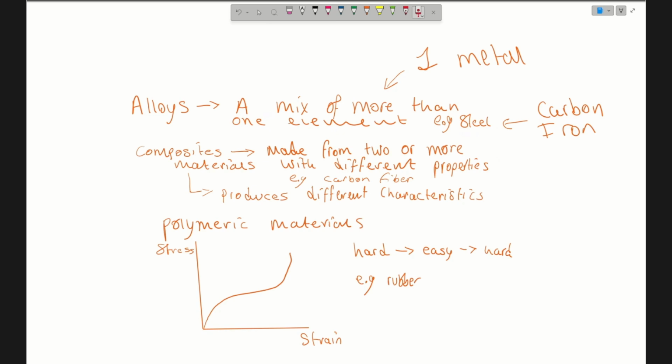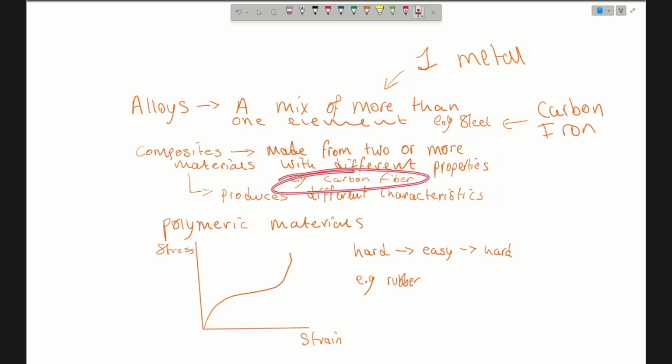Then we have similarly related composites, which are made from two or more materials that have different properties. And this produces a material with not necessarily combined properties. It can have biased, it can have totally unrelated characteristics, like it just produces a totally different set of characteristics.